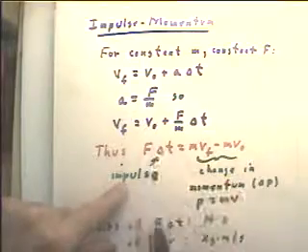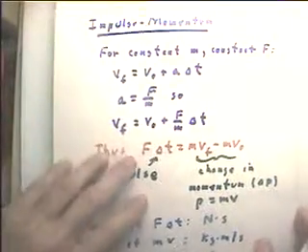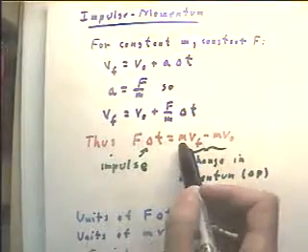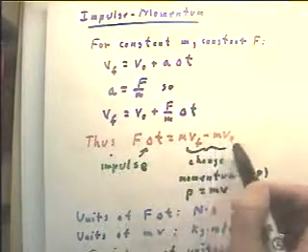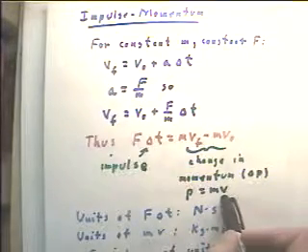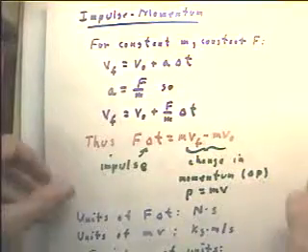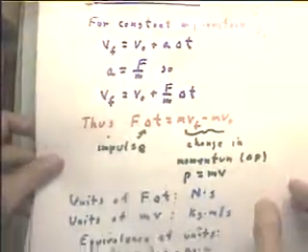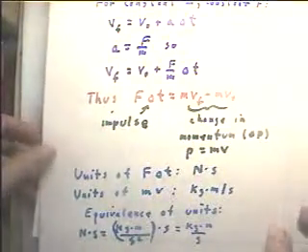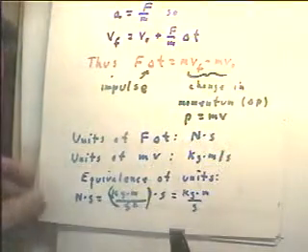F delta t is called the impulse. mv is what we call momentum, so that the change in mv, which is mvf minus mv naught, is the change in momentum. Now we're assuming here implicitly that the mass is constant. There are cases where mass is not constant, and we'll take a look at those within the context of the calculus here in a few minutes.